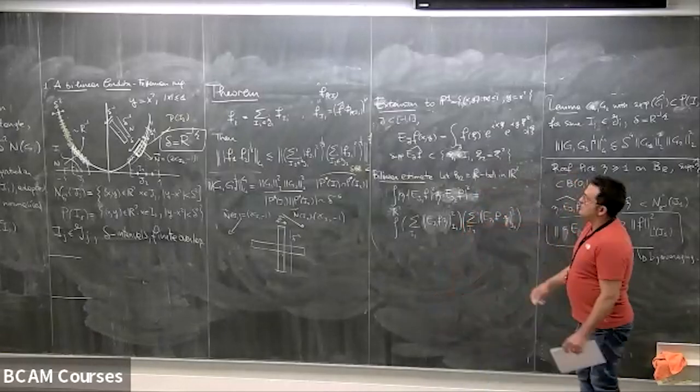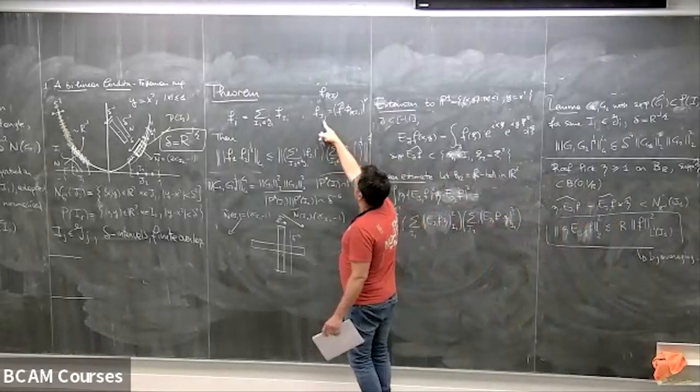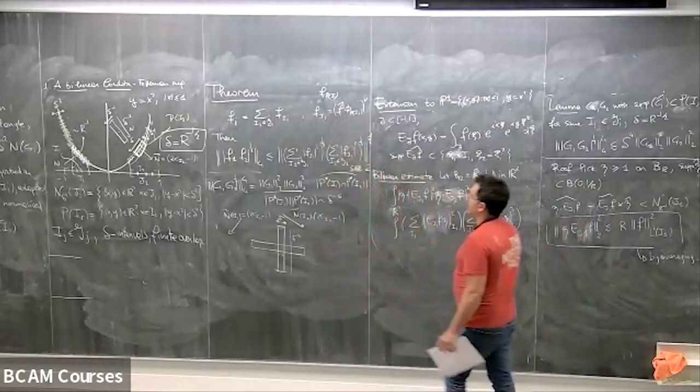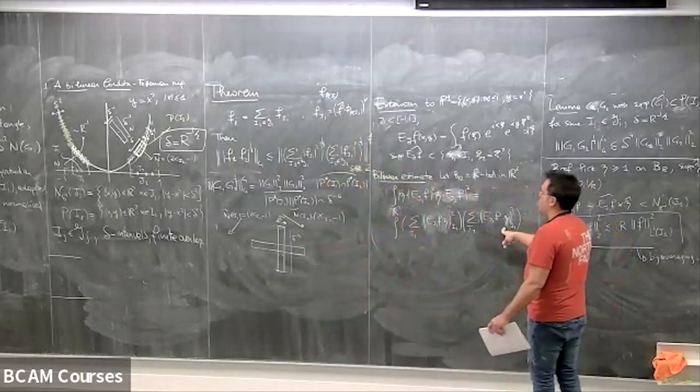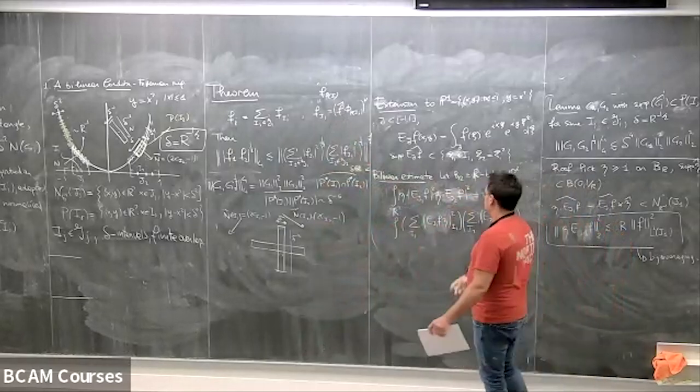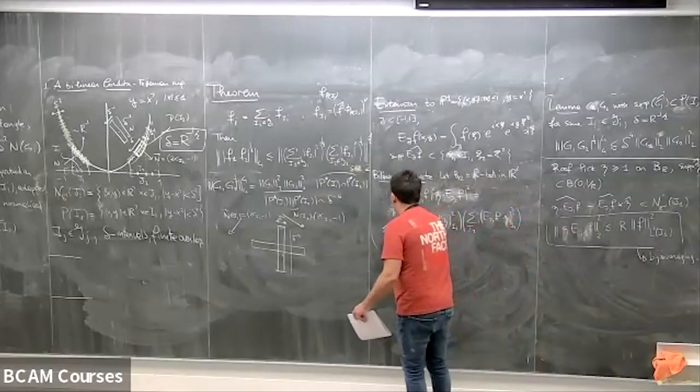So I have applied the covering of the neighborhood of the paraboloid by multipliers. And now I apply the Cordoba-Fefferman estimate. Well, I have already applied it.